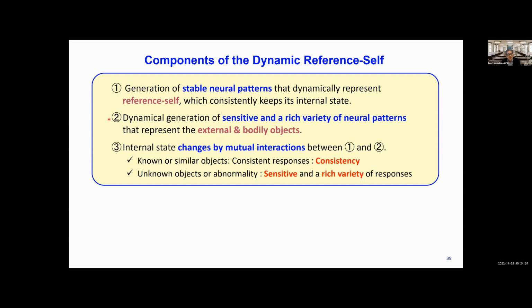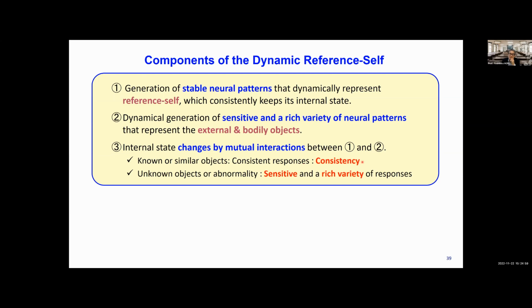And the more important one, the third, makes interactions between the first and second to generate some states of the network. For example, if the input is a known or similar object, the brain should respond consistently.